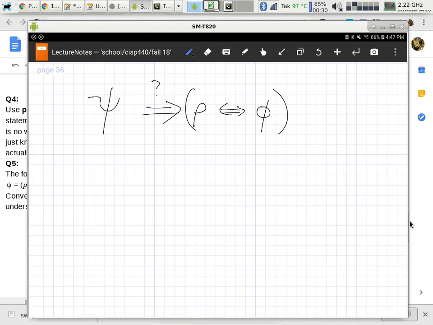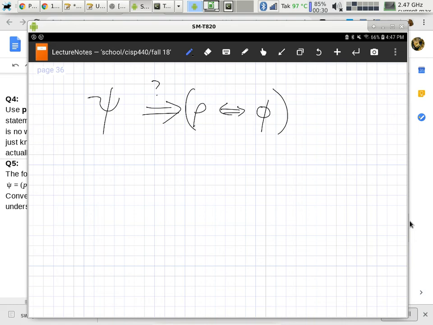Does psi, which is one gigantic expression of some kind that represents everything that is known to be true, does that imply this thing here, which is rho if and only if phi? That's the question. And we want to prove it, but we want to prove it using proof by contradiction. So does everybody understand what the question is asking?